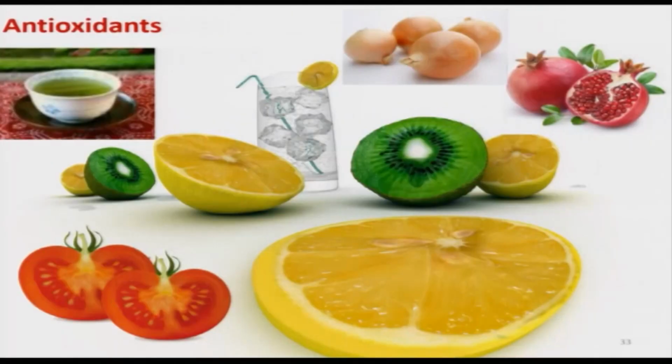Now, these are the foods where you have huge amounts of antioxidants, like green tea, onion, oranges, tomatoes and all sorts of things. They are full of antioxidants, and we can use those antioxidants to get rid of age related problems also.